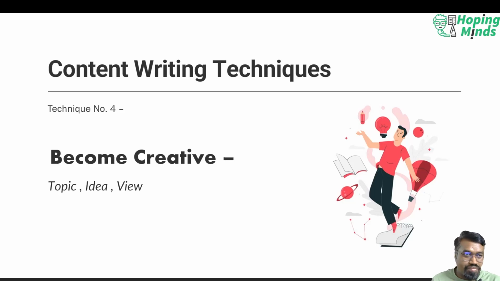Then when we are coming up with certain idea, we need to make sure that the idea relates with the common users, common people who are going to read. So we should not use big jargons, right? We need to keep the sentences simple from the perspective of the users.